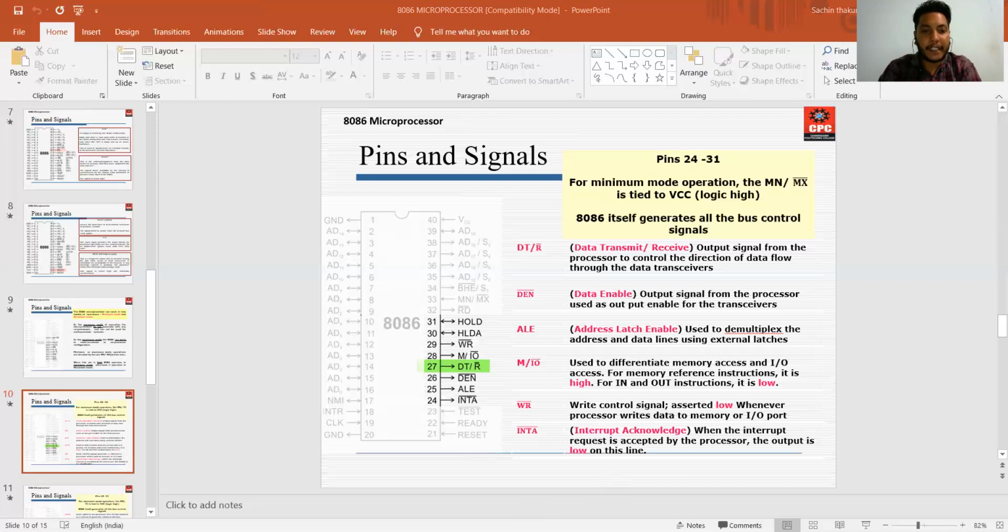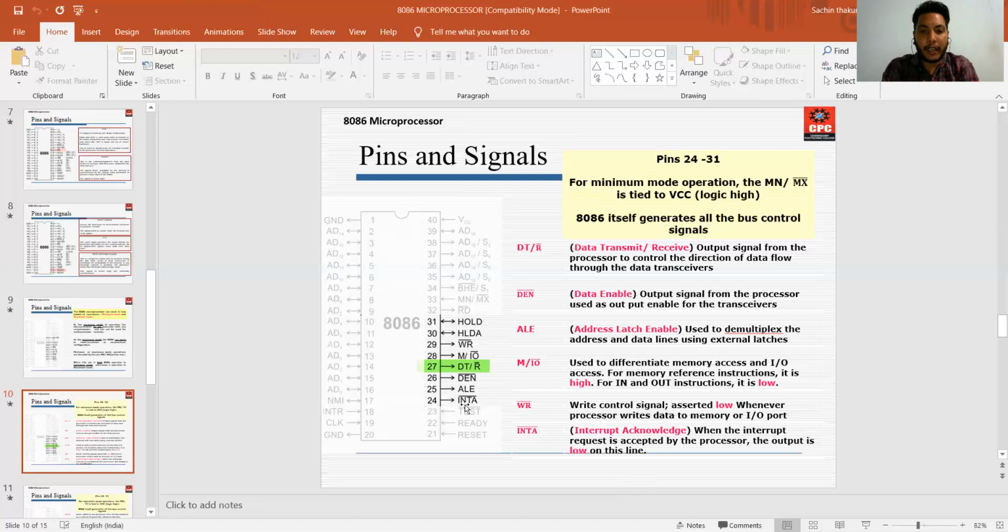This line indicates that the microprocessor address bus contains either a memory address or an input output port address. If the signal at this pin is high, at logic 1, it indicates memory operation. This line is logically equivalent to S2 in the maximum mode.